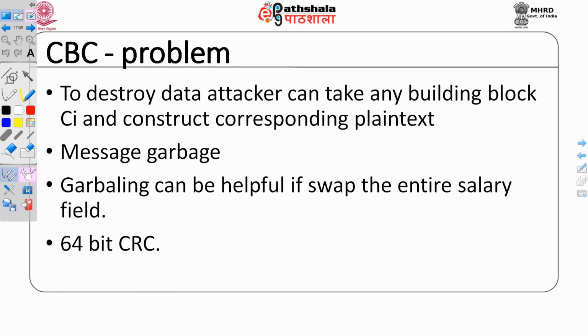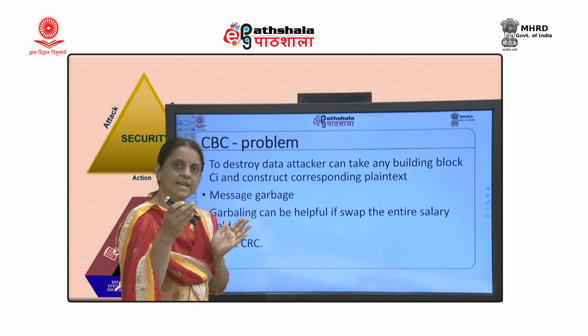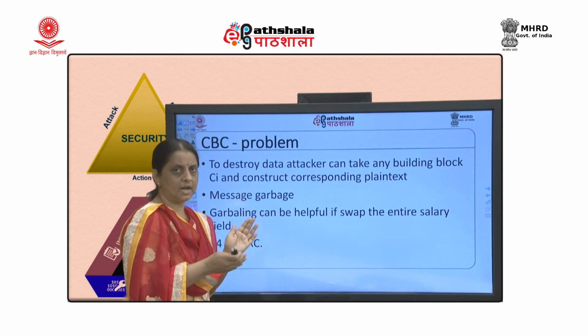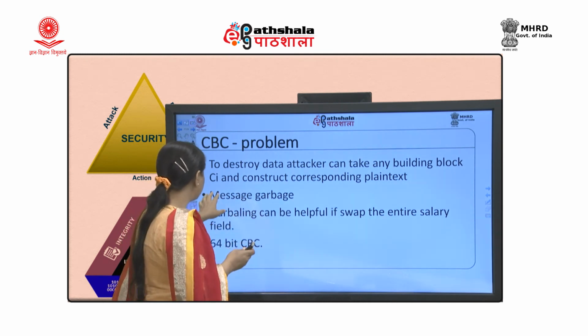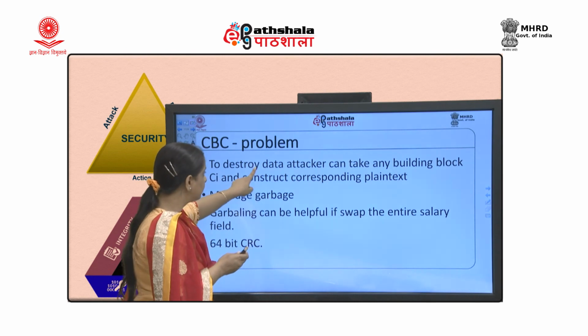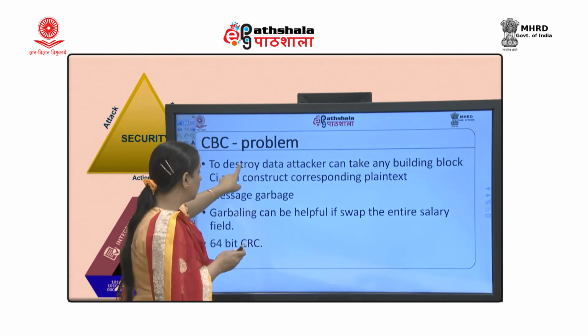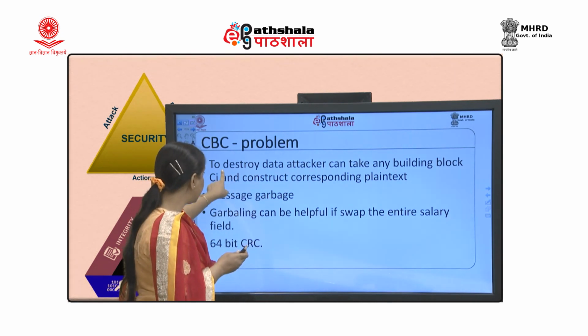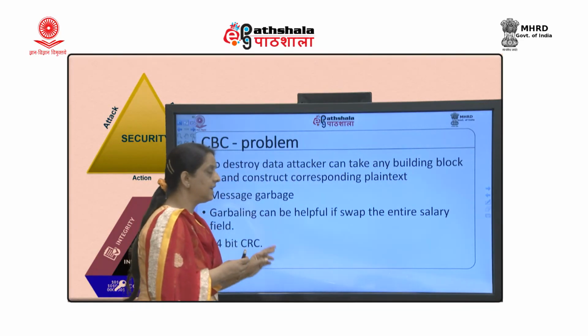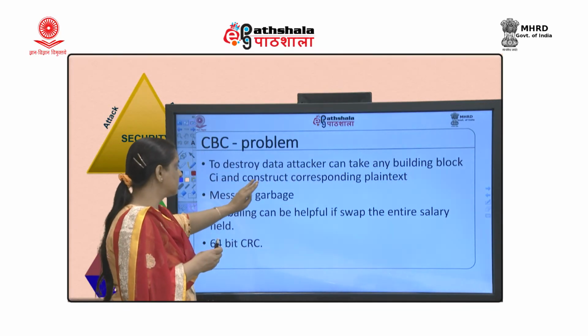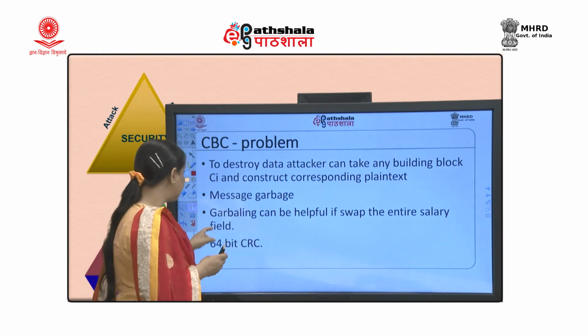Now, what are the problems with CBC? As we have seen, this is cipher block chaining. The previous block ciphertext is an input to the current block of ciphertext. So, if the attacker wants to construct CI or MI to destroy data, he can take any building block and construct the corresponding plain text.